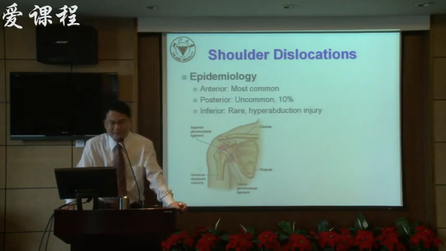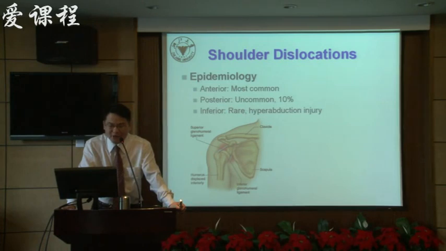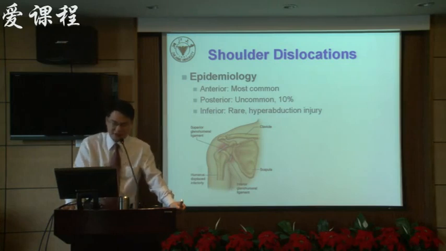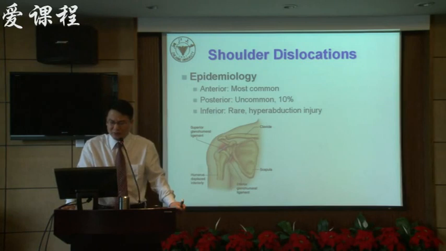The most common type of shoulder dislocation is anterior dislocation. A posterior dislocation is not so common, contributing about 10% of our patients with shoulder dislocations. The inferior is particularly rare, probably due to hyperabduction injury.